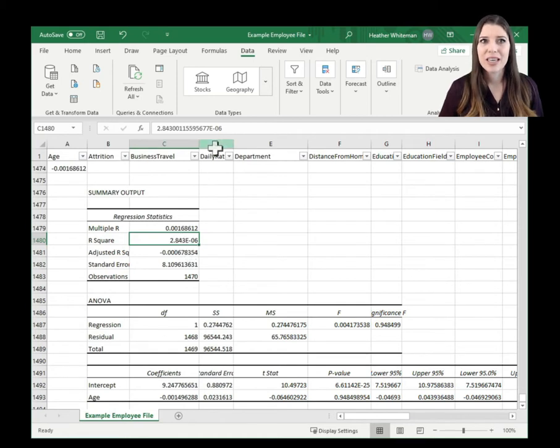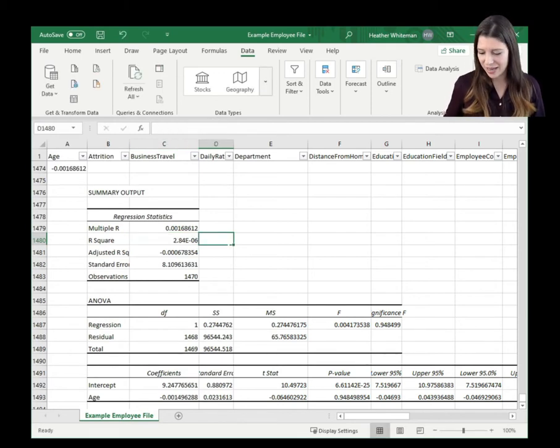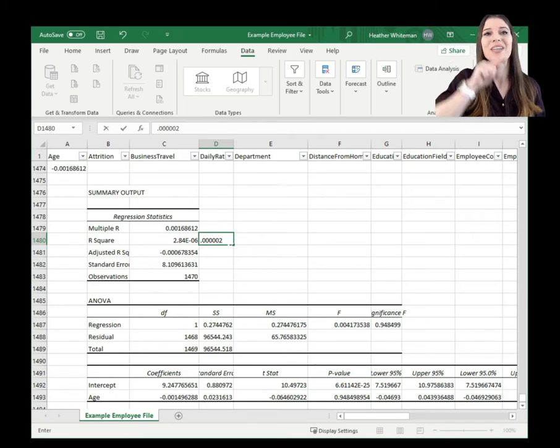Whenever you see this E minus and then some numbers after it, that's telling you that there's a ton of zeros in front of this. So this is not 2.8. This is scientific notation for putting 6 zeros before where the decimal place currently is. So you'd have to go 1, 2, 3, 4, 5, and a 2 for 6, because that's how many times we had to move the decimal place over.